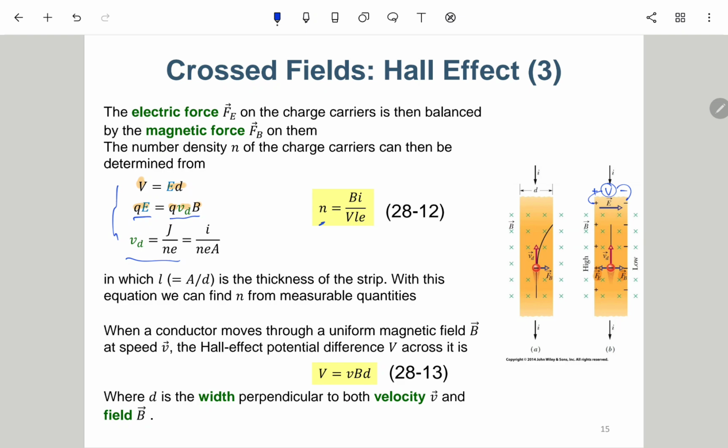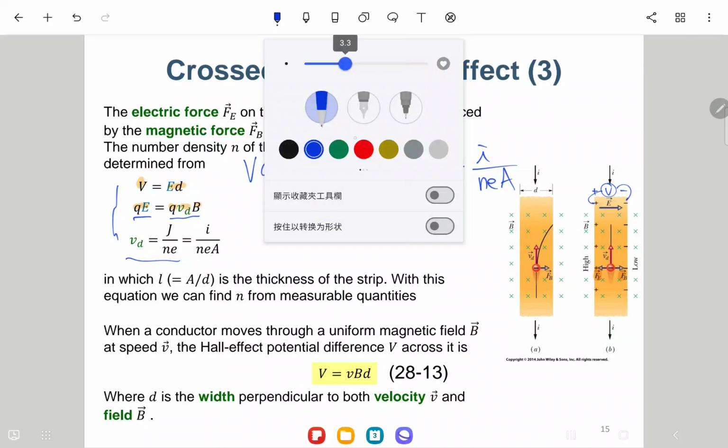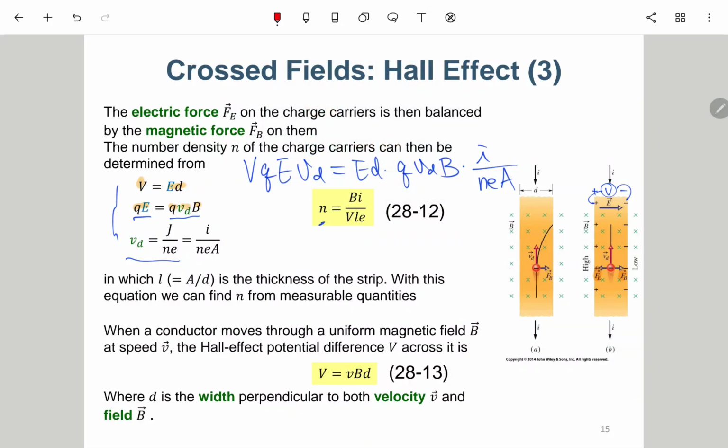Multiply these three equations together. So on the left side we have capital V, we have Q, we have E, we have Vd, which equals Ed times Q Vd B times I over NeA. Okay, so quite a lot of stuff. We can do many cancellations.